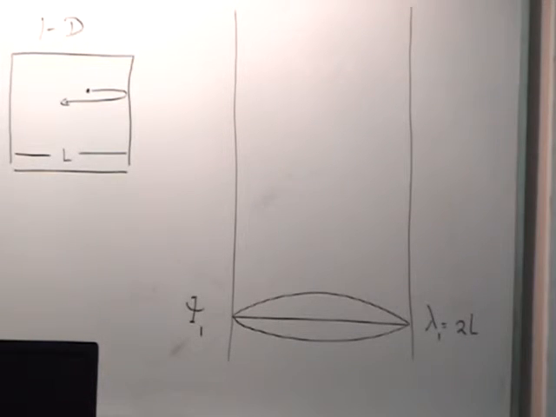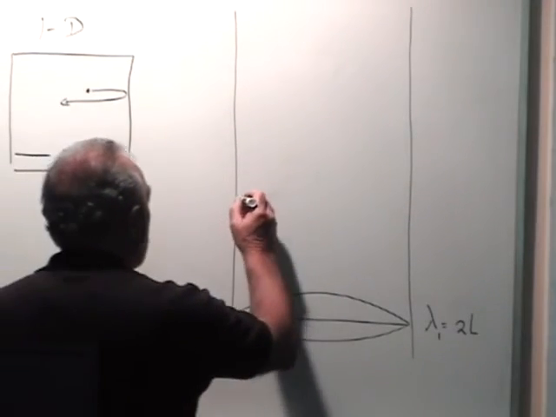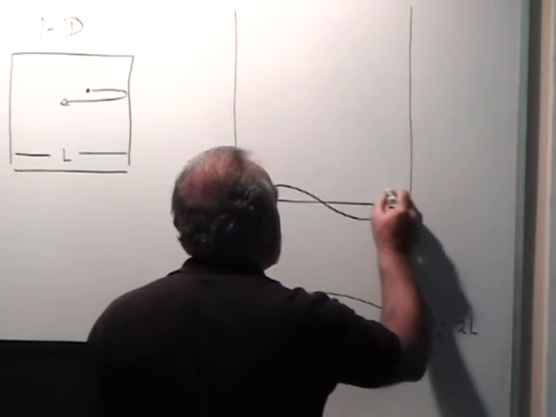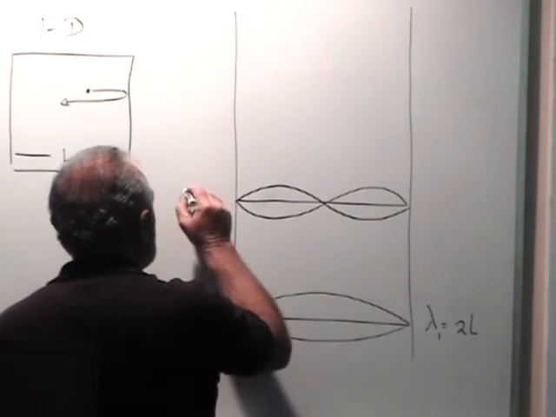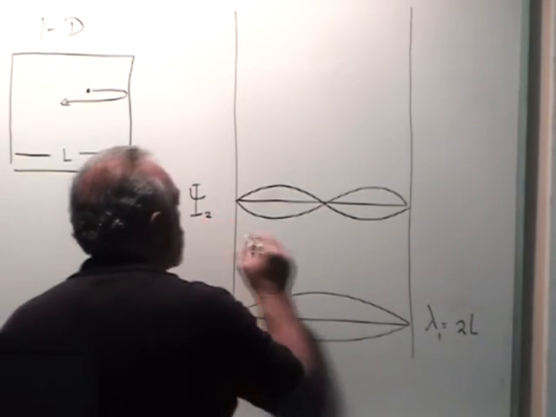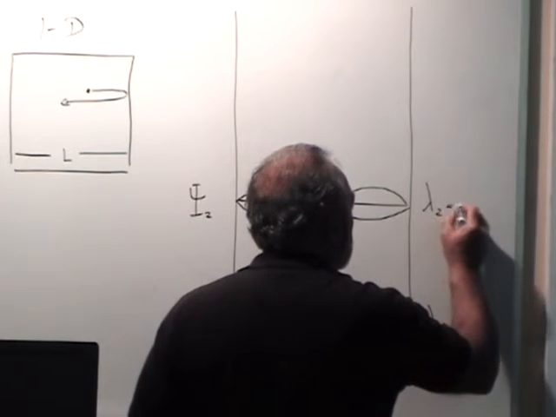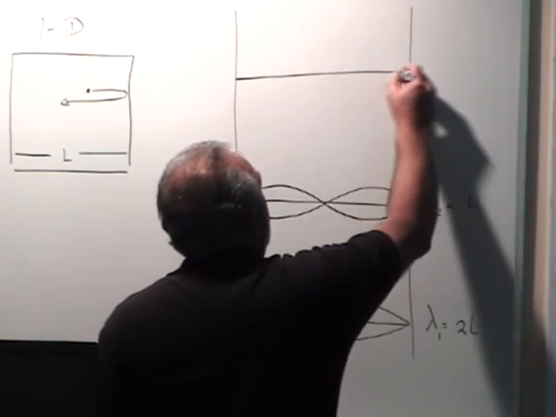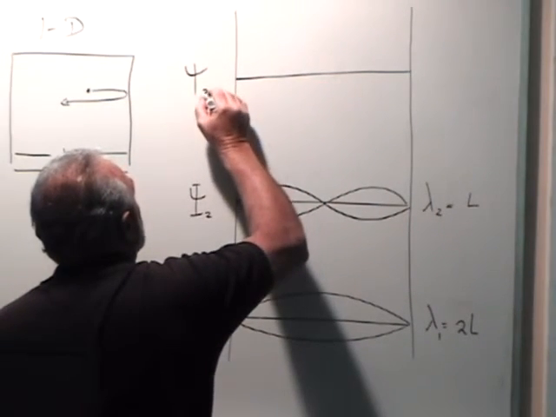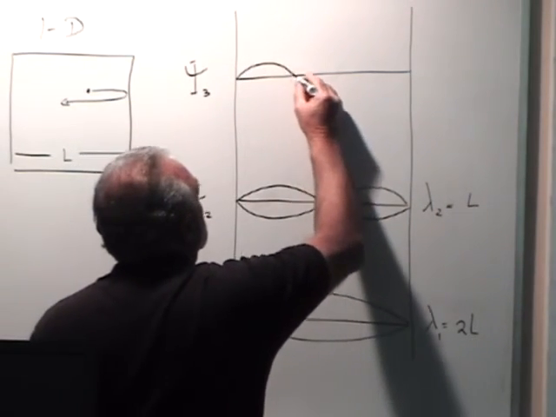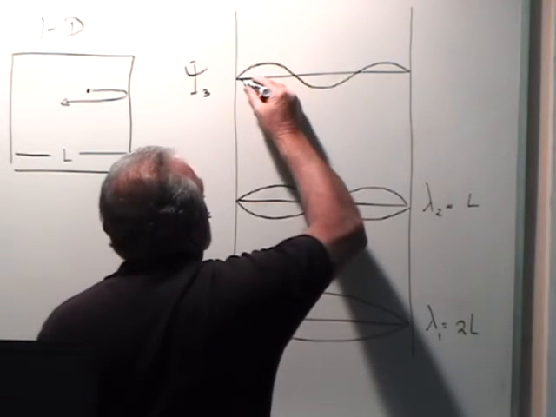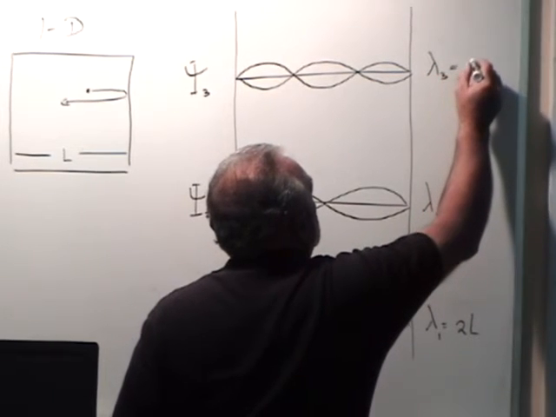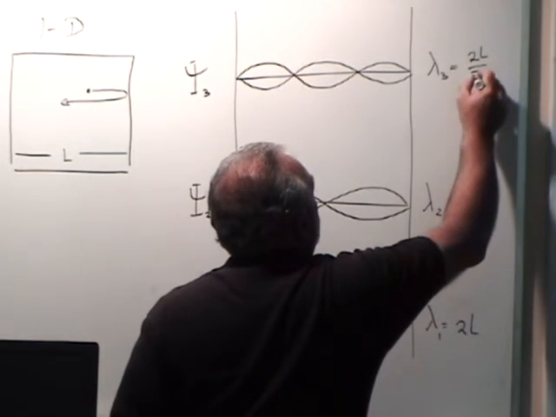We could also have the next possibility, which you have seen in your past, where we have this standing wave, psi 2, and here lambda 2 is equal to L. And of course the next one, psi 3, and lambda 3 is equal to 2L over 3.